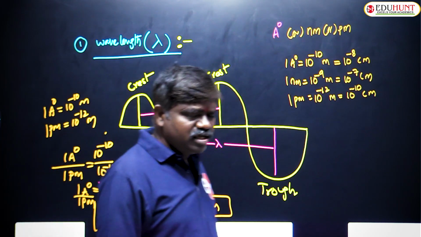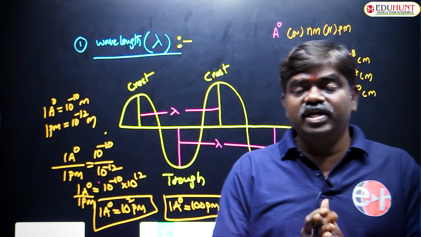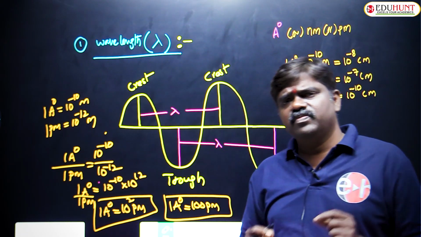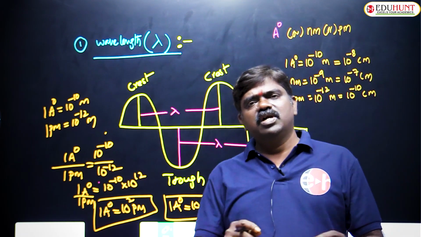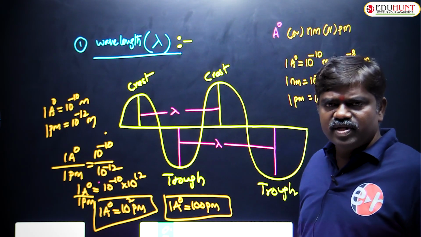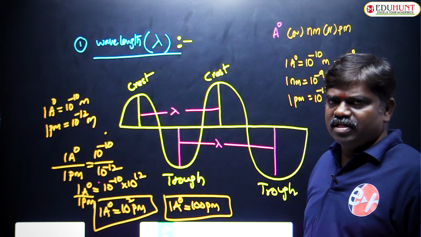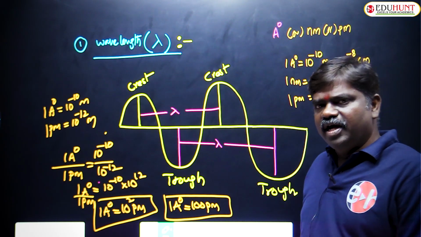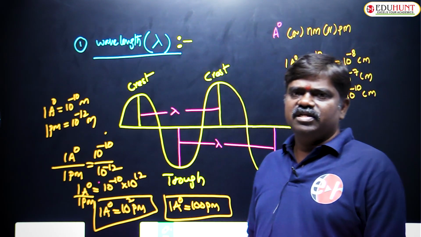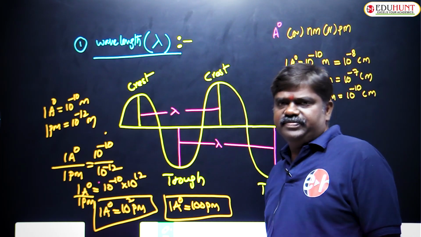Generally, 1 angstrom is equal to 10 power minus 10 meters, which is a very small distance. Hence, waves always occupy a very small distance, and due to this they are expressed in angstroms, picometers and nanometers. This is about wavelength.